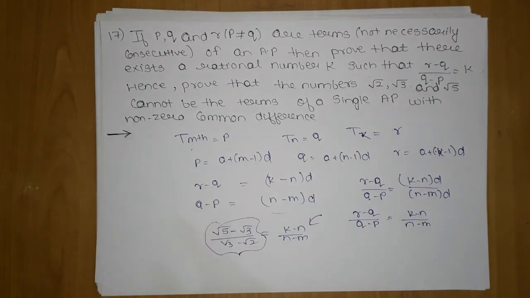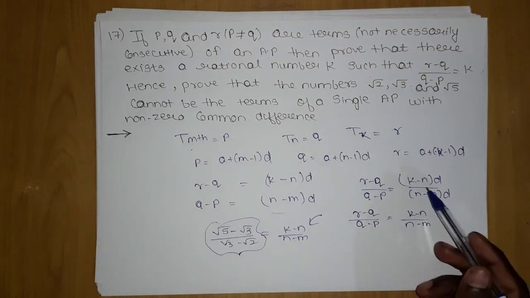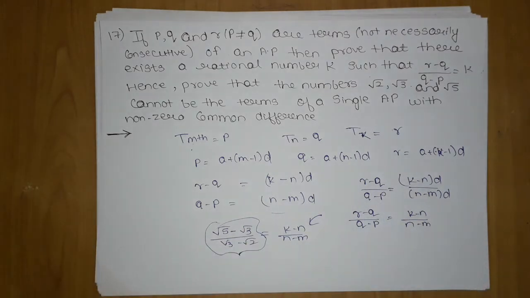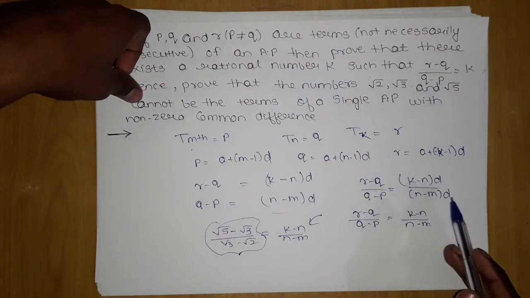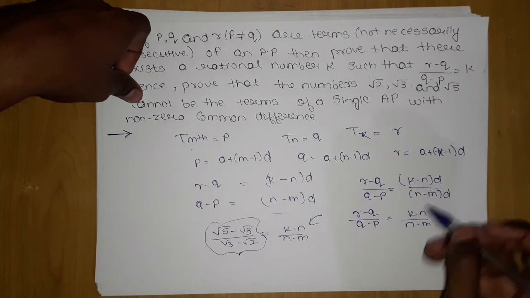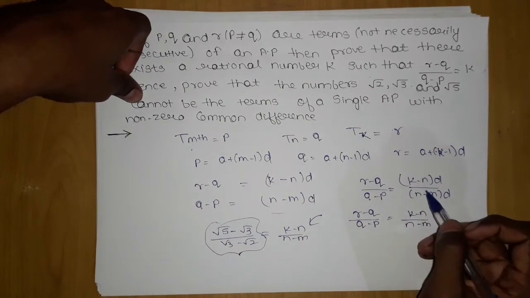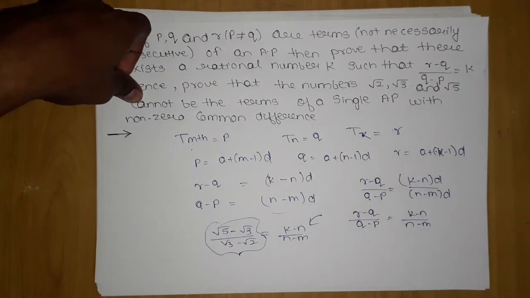Many children just divide these numbers and get this k value. Instead, they equate it to k, which creates a misery, so don't do such things.